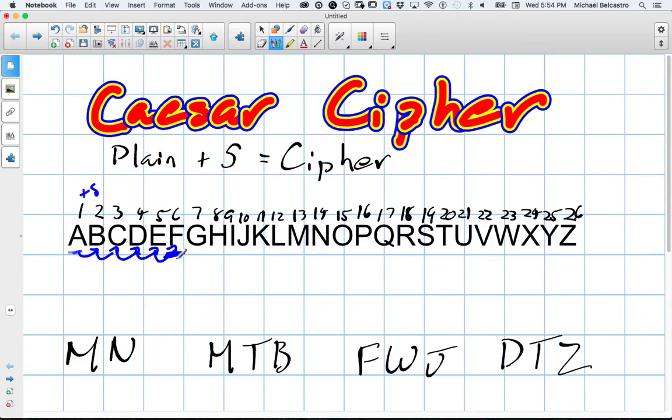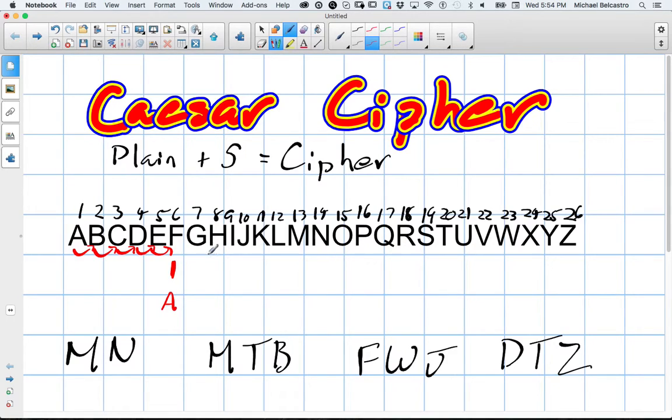And this is now representative of the letter A. Essentially we've moved this over 5 spots. Let's think about it. 1 plus 5 is 6. This is now our number 1. And remember, 1 represents the letter A. So we can build the cipher this way.